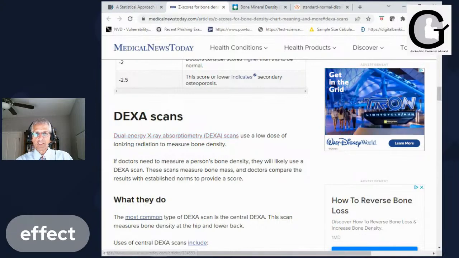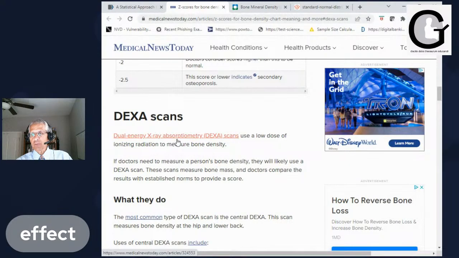So I said dual X-ray, but this is dual energy X-ray absorptiometry. So DEXA is dual energy X-ray absorptiometry. I hope I'm pronouncing that correctly.